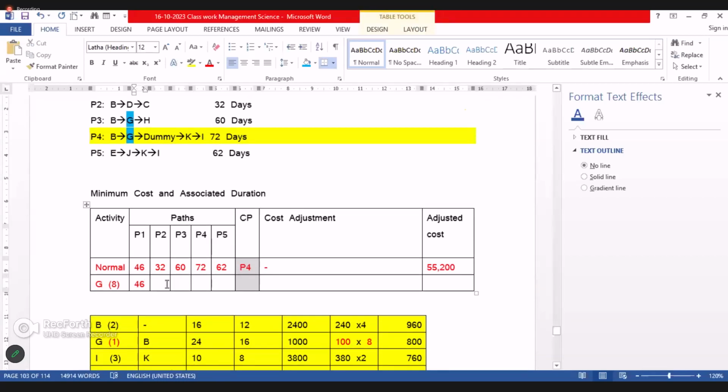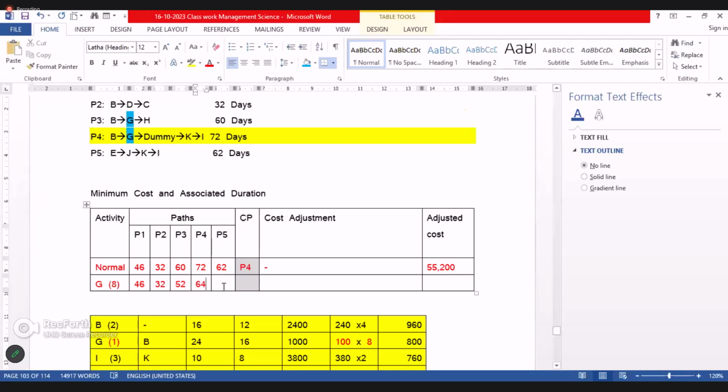P2 also no change, 32. P3, 60 minus 8 is 52. P4, 72 becomes 64.